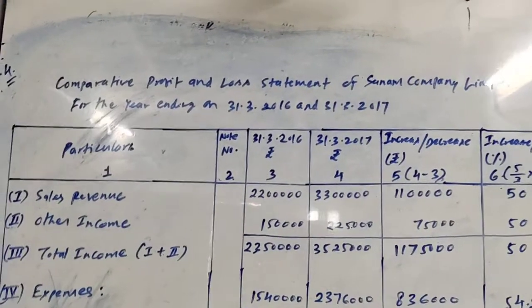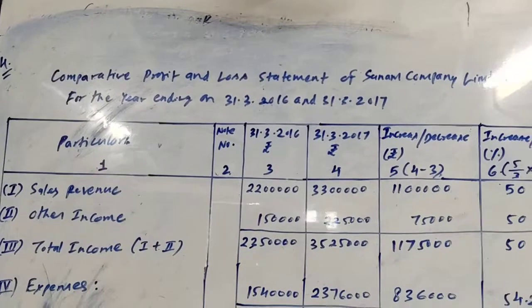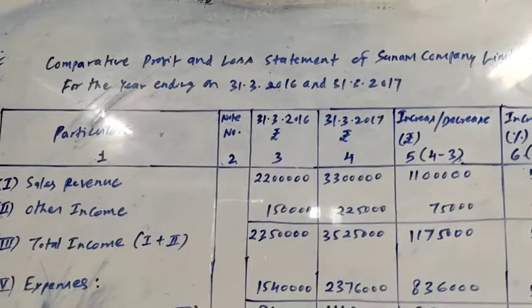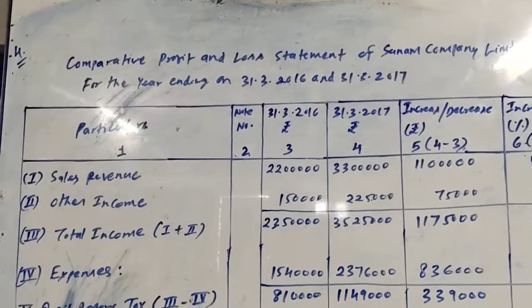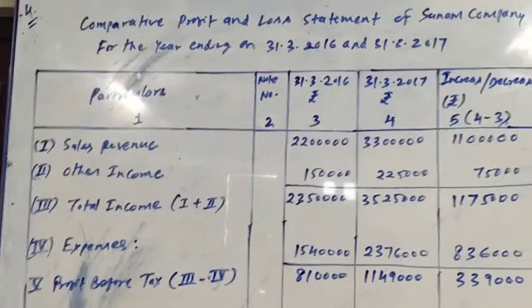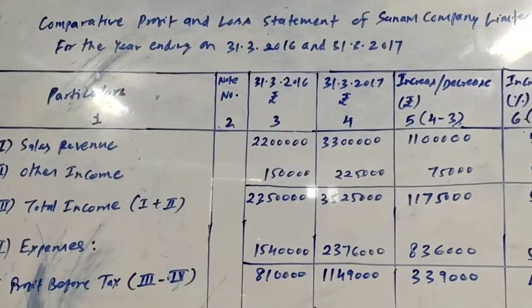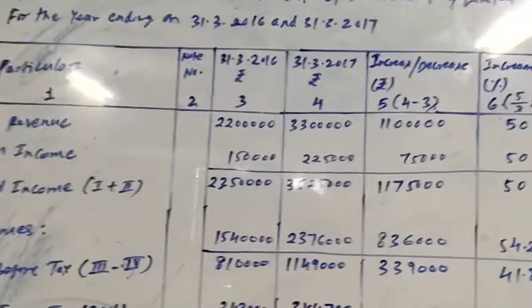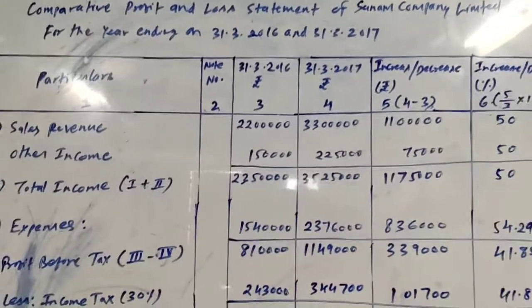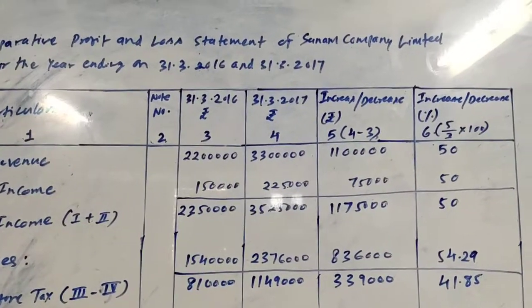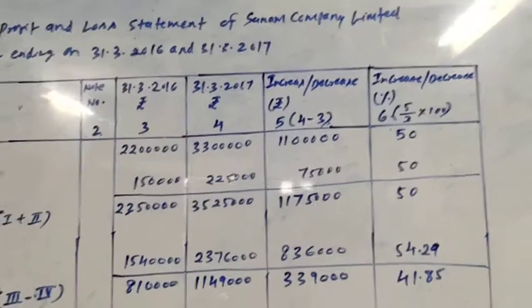Comparative profit and loss statement of Sanam Company Limited for the years ending on 31/3/2016 and 31/3/2017. The first column will be particulars, the second column note number, the third column the amounts of 31/3/2016, the fourth column 31/3/2017, and then the fifth column will be the difference of 4 and 3.